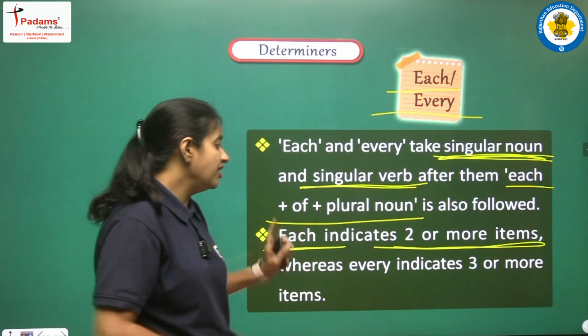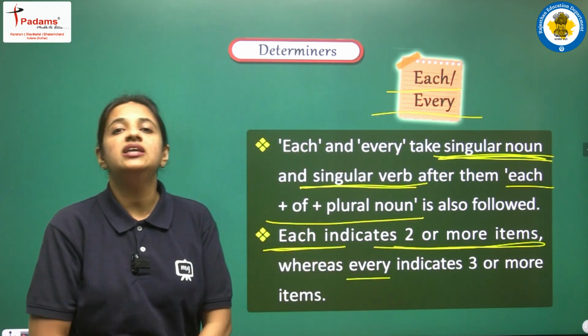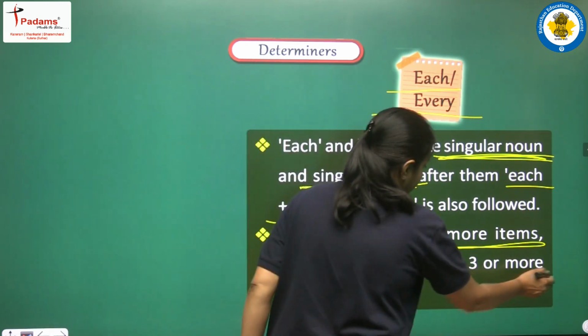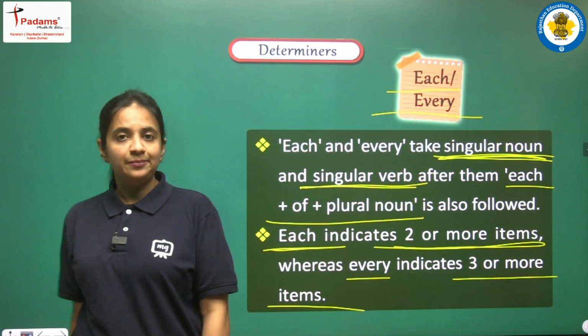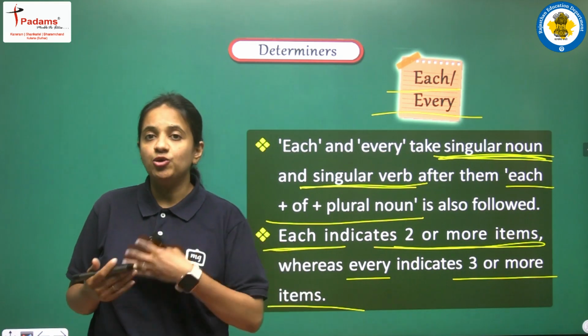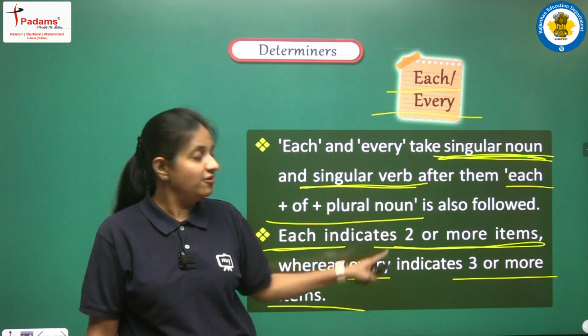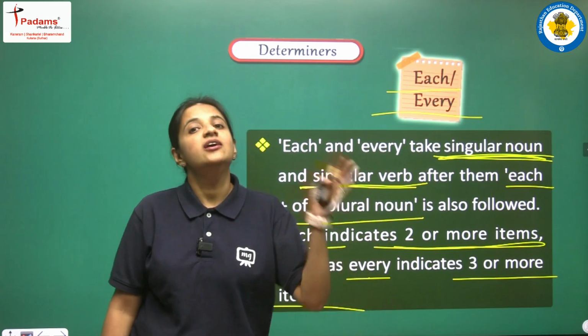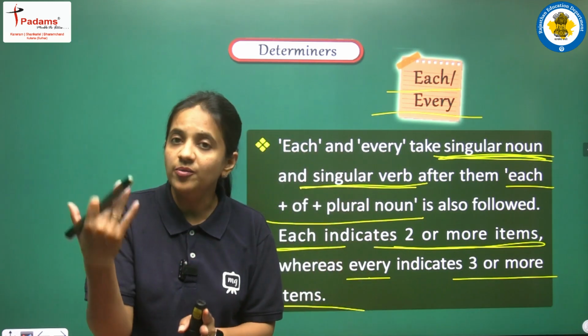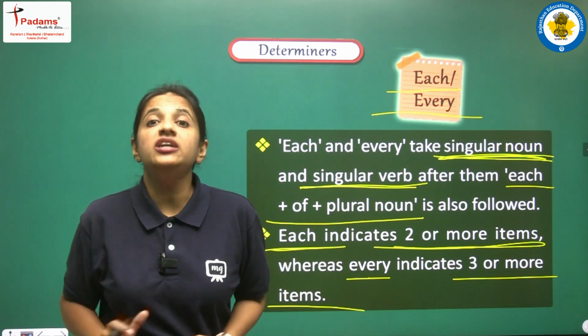But if we use every, we are indicating three or more items. So if we are trying to indicate two items, we cannot use every; we have to use each only, because each means two or more items and every means three or more items.